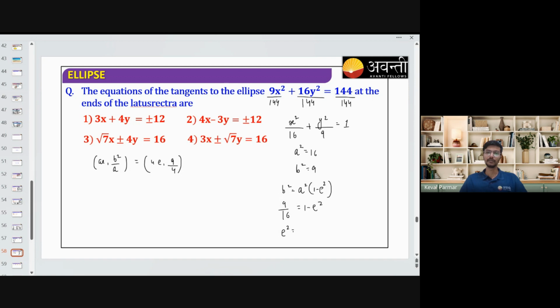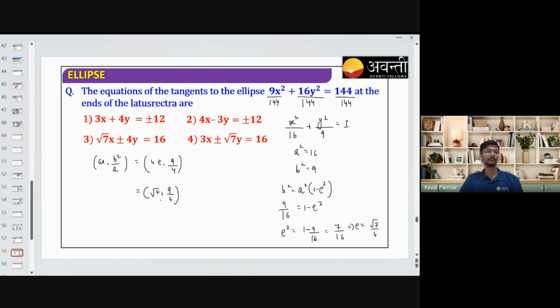I think e square will be equal to 1 minus 9 upon 16, that is 16 minus 9, 7 upon 16. So e is root 7 by 4. So 4e will be root 7, comma 9 by 4.